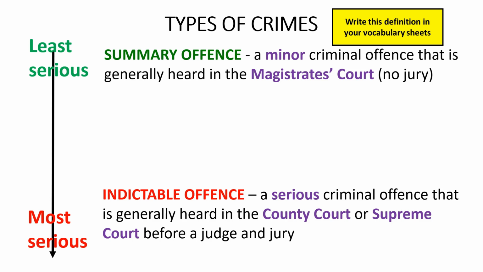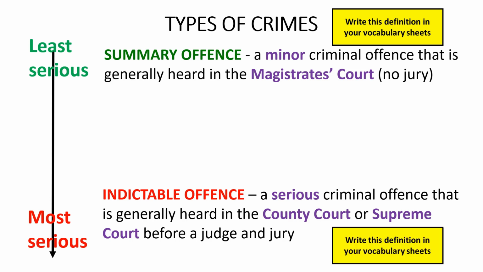Again, look down the left-hand side of your vocabulary sheet, find the term indictable offence and write this definition opposite that term. Once you've done that, highlight the words serious, county court and Supreme Court. Whenever you're required to define the term indictable offence, make sure you include these highlighted words in that definition.